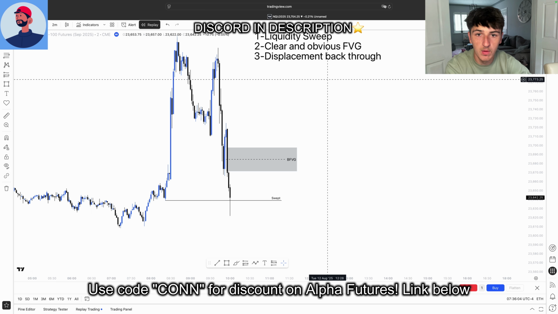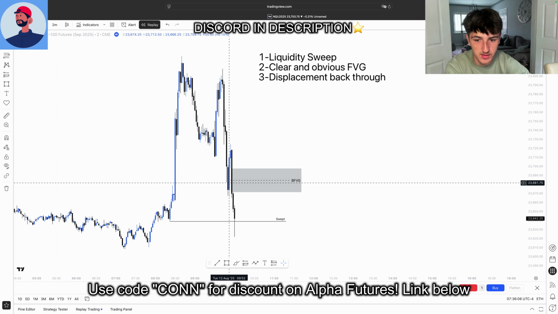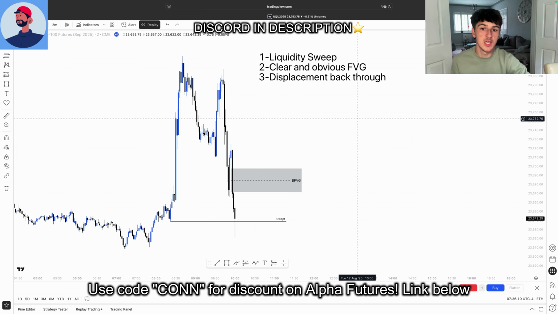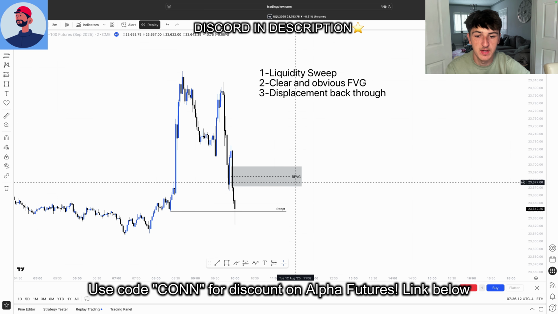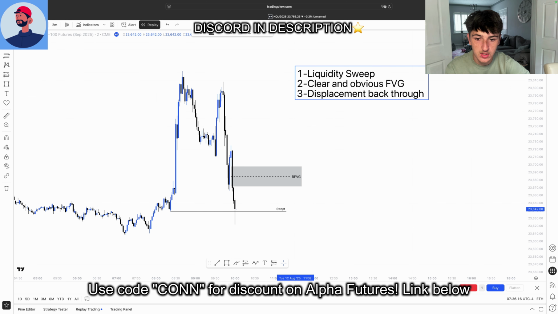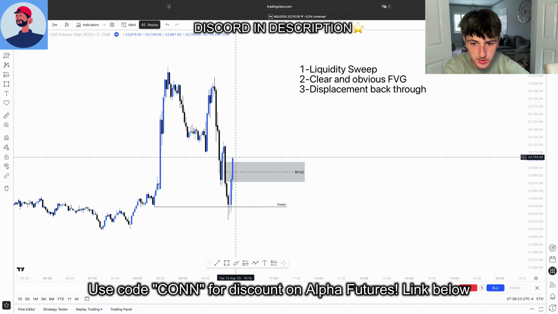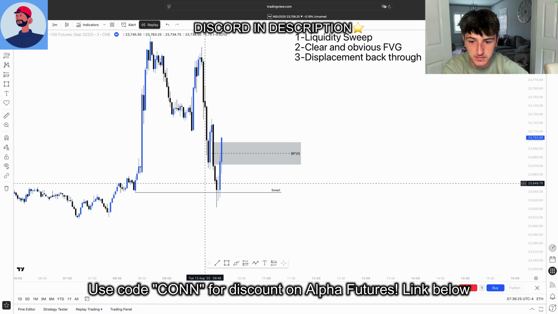And that is really important. So the first thing, liquidity sweep, we have got that. The second thing, clear and obvious fair value gap, we have got that. Now all we need is a displacement back through this bearish fair value gap to enter a long position. And you'll see that is exactly what happens. We come up with displacement and we actually inverse this bearish fair value gap with serious displacement. You can see how fast the reversal happened there.